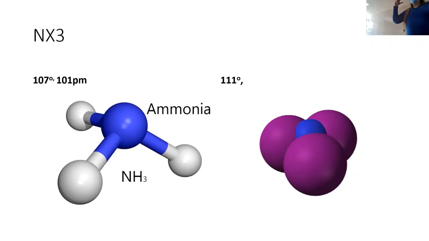If I took 3 iodines and set them down, I really have a lot of room for that nitrogen to be in the middle. The iodines really don't want to be as close to each other as they are. And so you'll notice the bond angle is actually greater than our ideal. Even though there's a lone pair, that bond angle went out to 111, and that's an approximate, but it's larger than 109 because of the strain due to the size of the iodine.